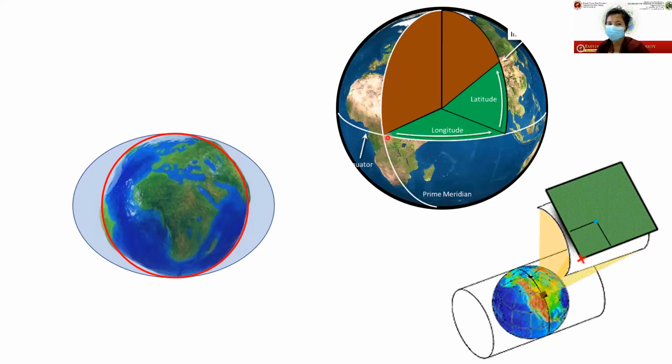We can start with 0 longitude here and count from there to compute the longitude. For the latitude, we can use the equator as our reference to compute the latitude of a certain point. So now, the concept of a reference system.